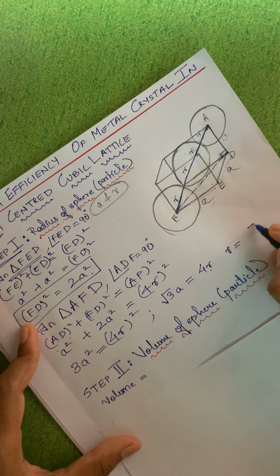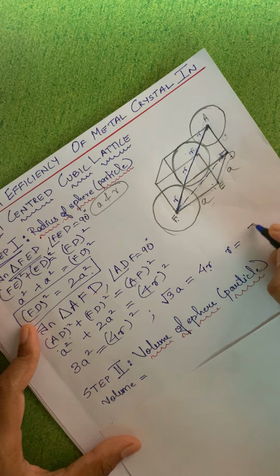Root 3 is 1.732 multiplied by 3.142 upon 8 into 100. You solve this and you will get approximately 68.02, which is equal to 68%. So this is the packing efficiency.